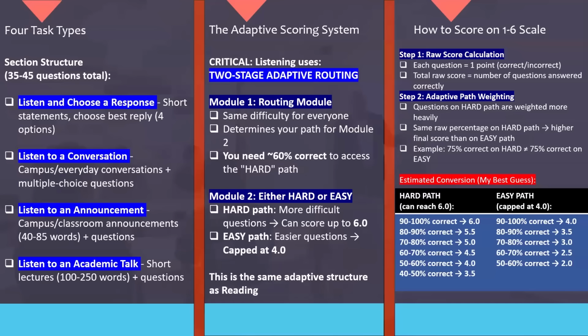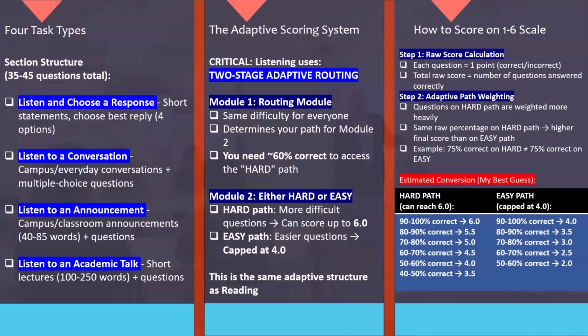Now, in terms of the scoring, it is adaptive, and it is a two-stage adaptive routing method. Module one is the routing module. Routing module means that it is the module that will send you down one of two paths. It will send you down an easy path or a difficult path.